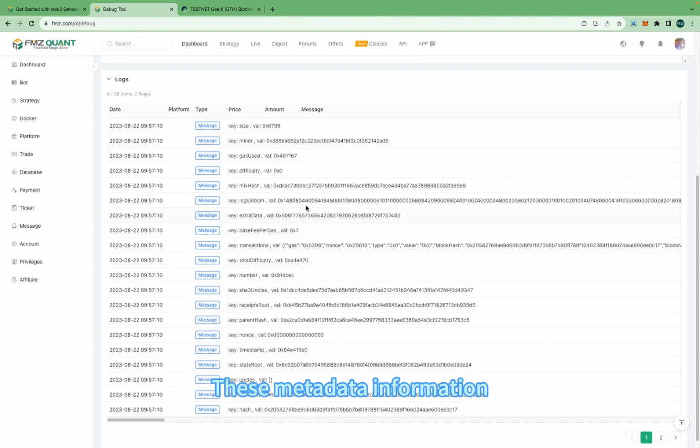These metadata information are important attributes about each block on the Ethereum blockchain. The difficulty value, gas limit, and gas usage are indicators of network performance and efficiency. The block hash and parent block hash ensure the security and stability of the entire blockchain.